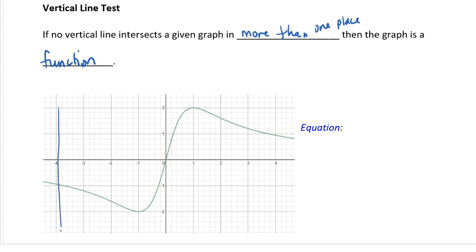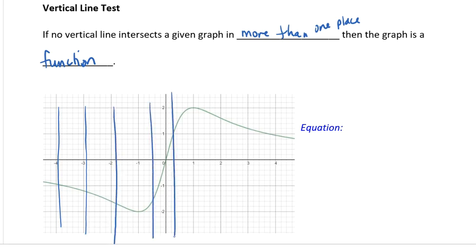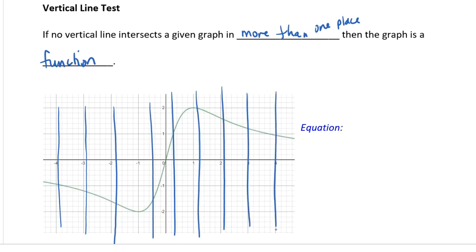Good, good, good. So do you agree that I can't draw a vertical line and have it intersect more than once? So this one is a function.